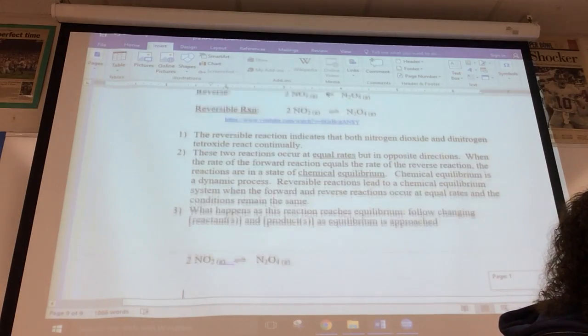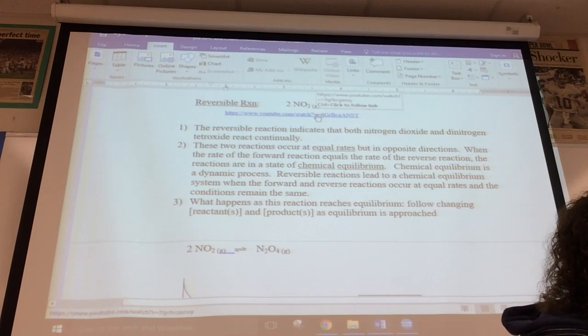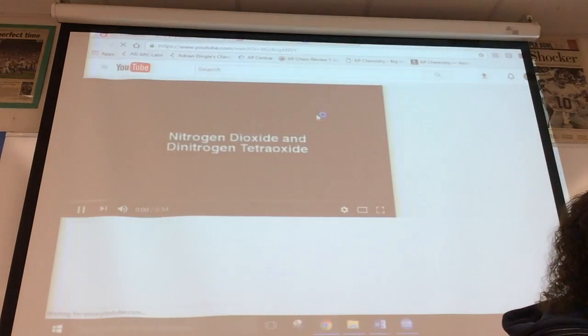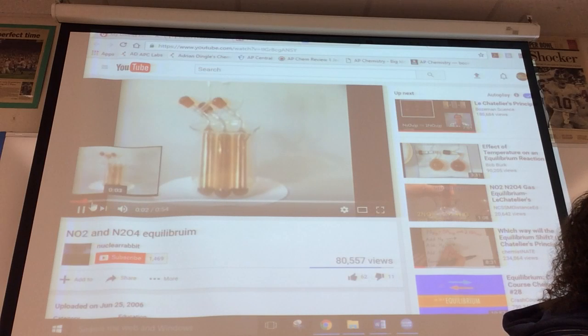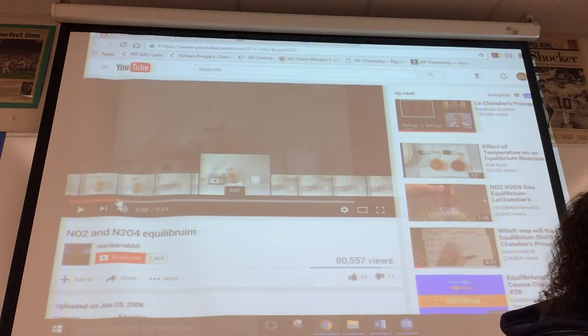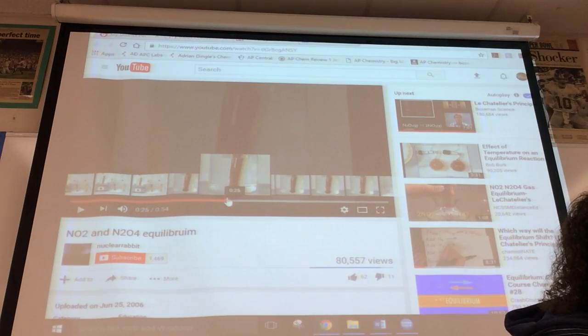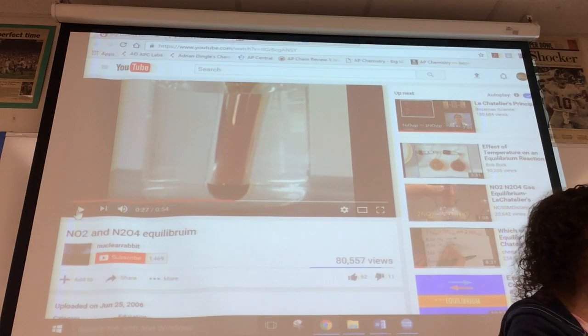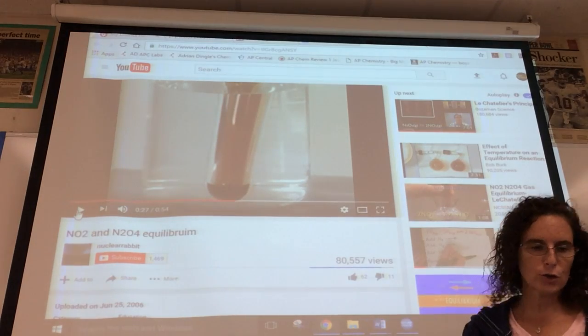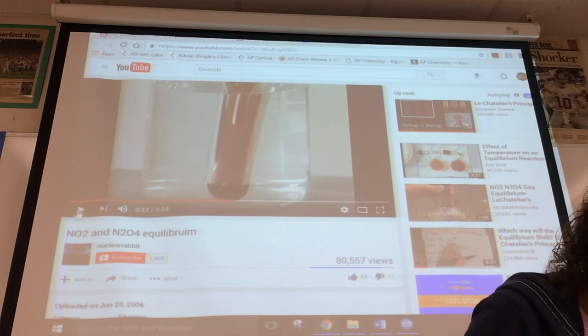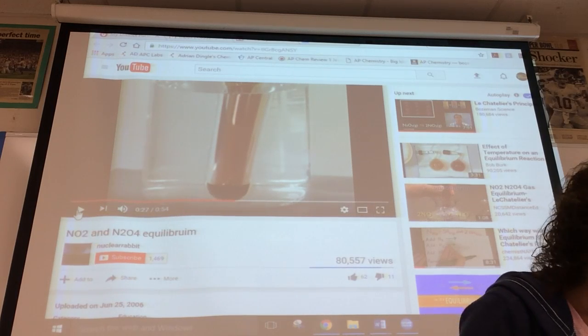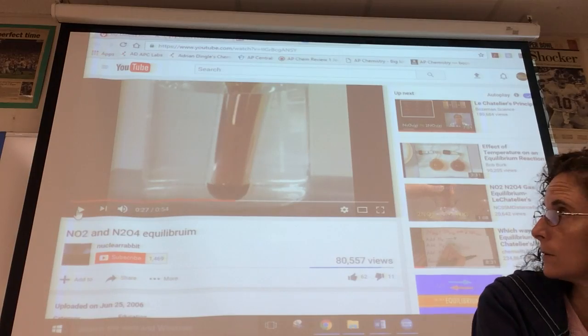We looked at the video the other day, and we initially had the brown gas of nitrogen dioxide being converted to the colorless gas dinitrogen tetroxide. And what we saw here is that in the hot water, it turned brown. And this is what your lab's going to go into. We had this reaction.